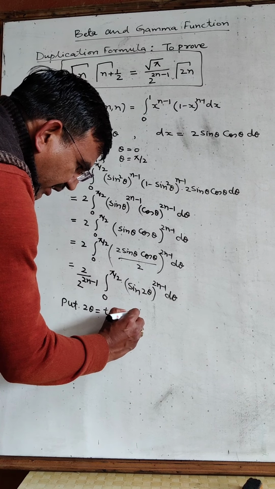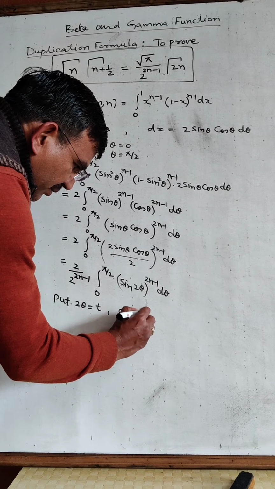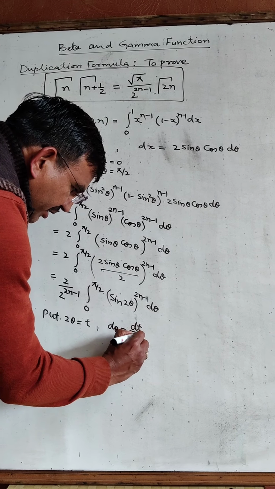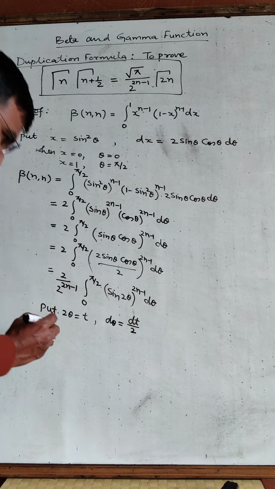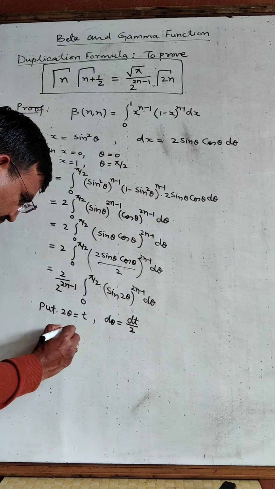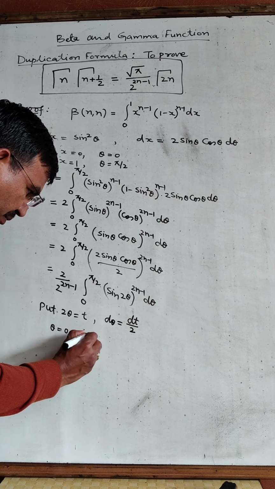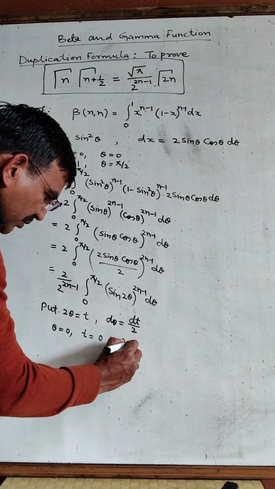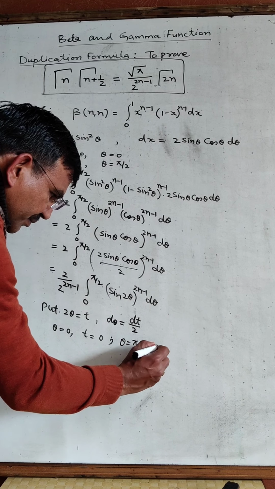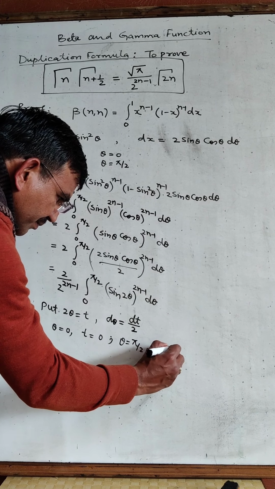From here we will get d theta equal to dt by 2, and the limits would be that when theta is 0, t would be equal to 0, and when theta is equal to pi by 2, t would be equal to pi.